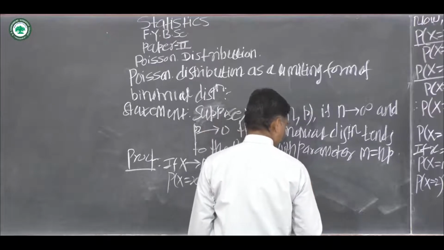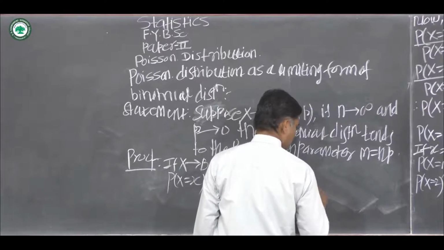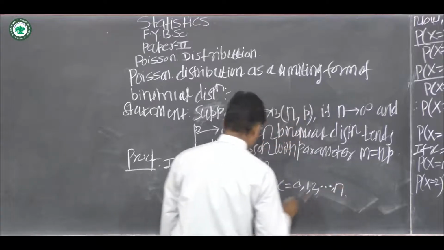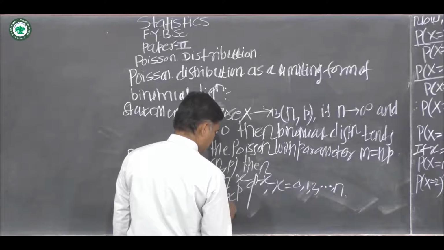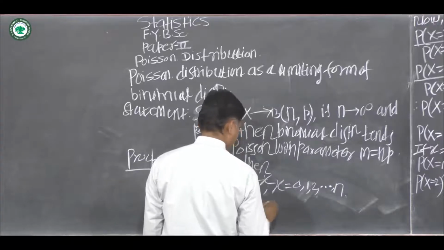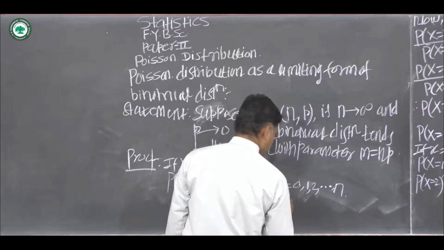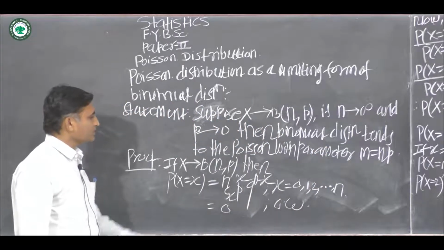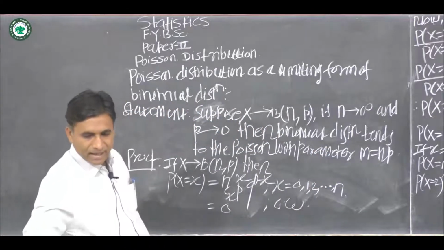Here x takes values 0, 1, 2 up to n and 0 otherwise. This is the probability mass function of binomial distribution with parameters n and p.